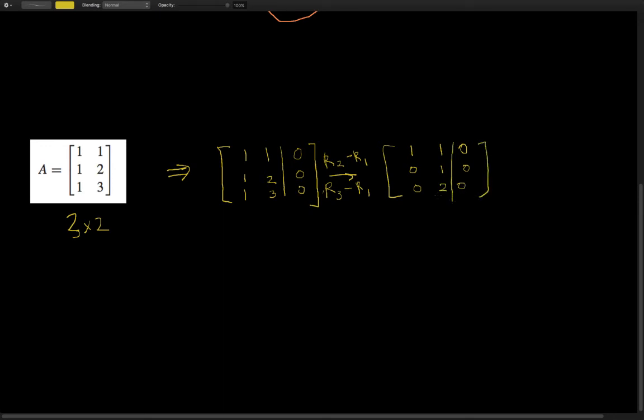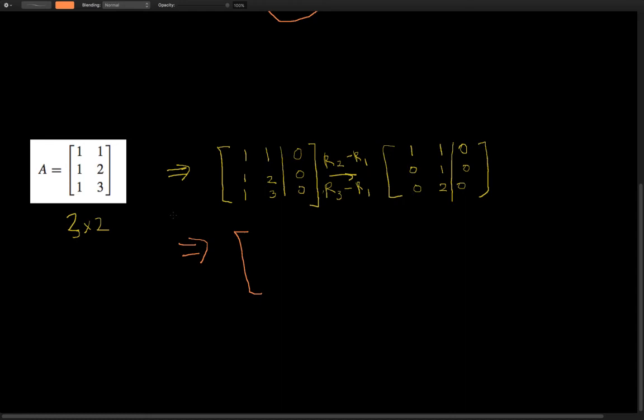And just like in the example above, I can tell right away that row 2 is a multiple of row 3.